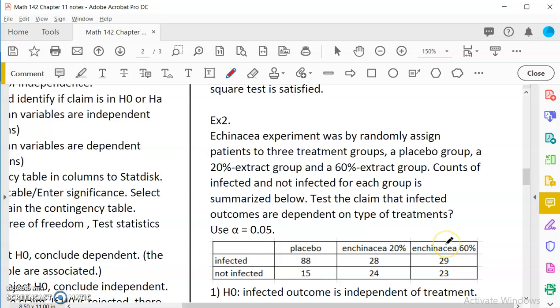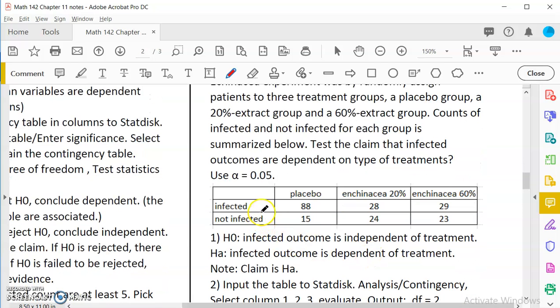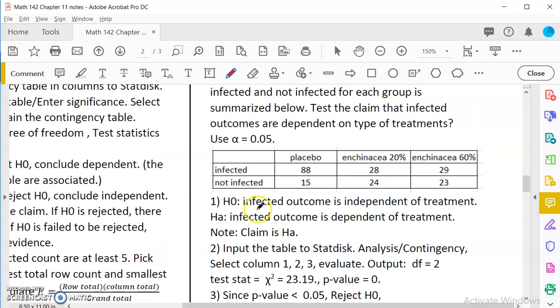Another treatment would be 60% of the herb, and then there is a placebo that doesn't take anything. We see if it would actually help you prevent infection or sickness caused by the cold virus. So we want to see if the types of treatment affect the results, that one of them is better.